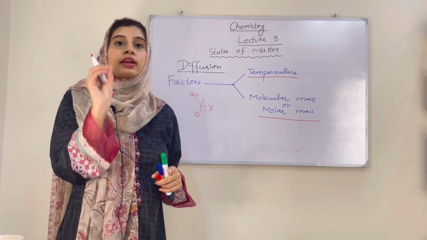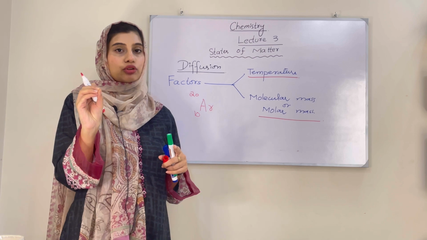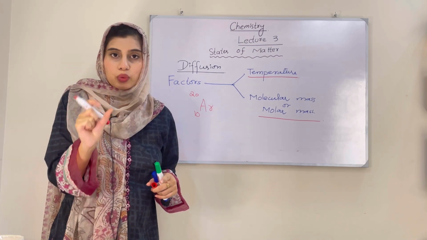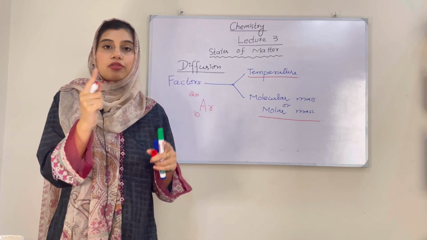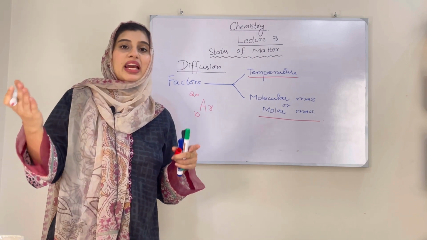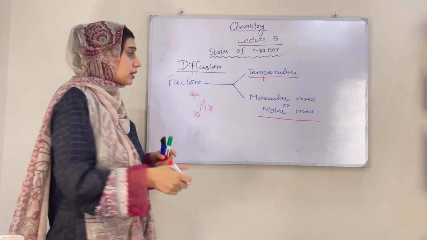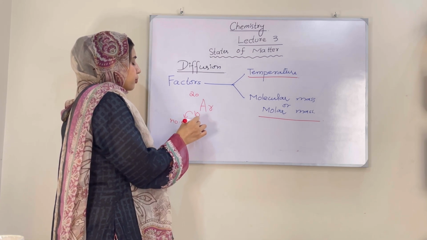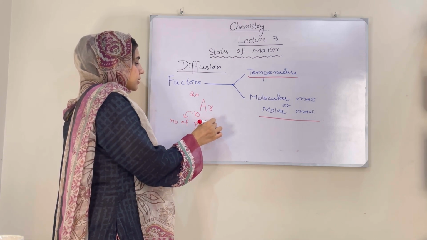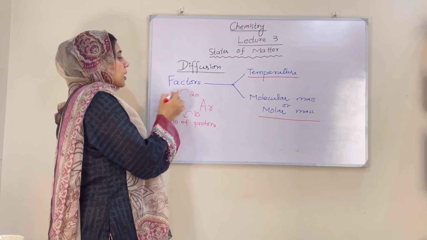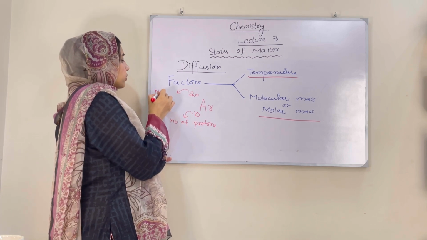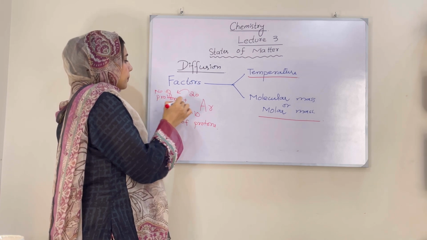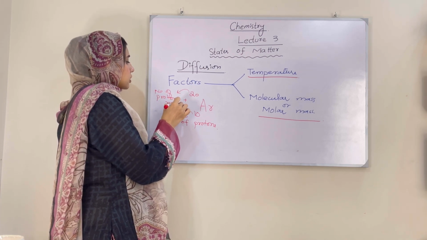Remember one thing, whenever you have the periodic table in front of you, the value which is smaller will be the atomic number, and the value which is larger will be the atomic mass, because the atomic number only has the number of protons and atomic mass has the number of protons plus neutrons.